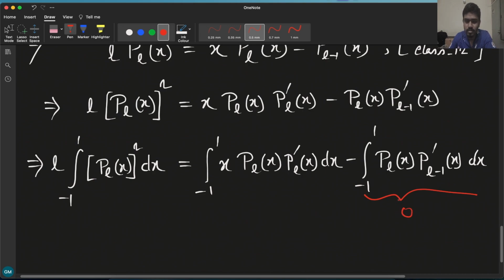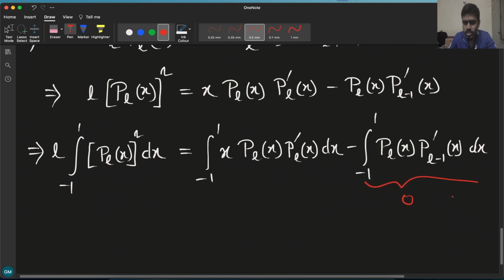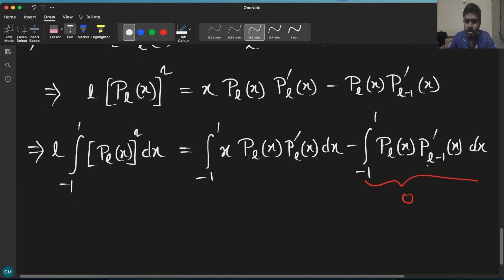You can just understand it from the fact that P_{l-1}(x) is a polynomial of degree l-1. The highest power of x present in P_{l-1}(x) is l-1, right?